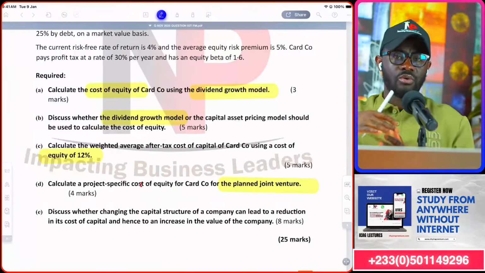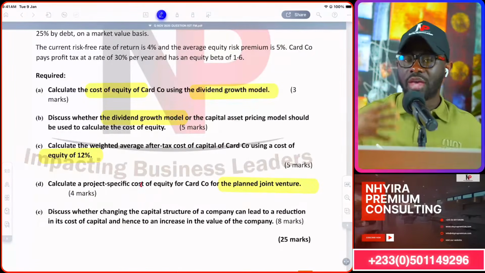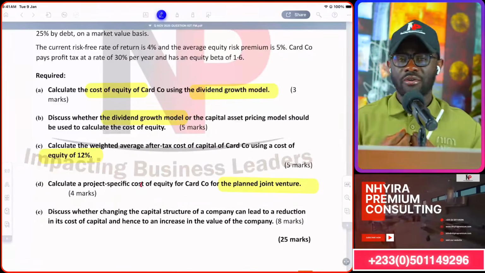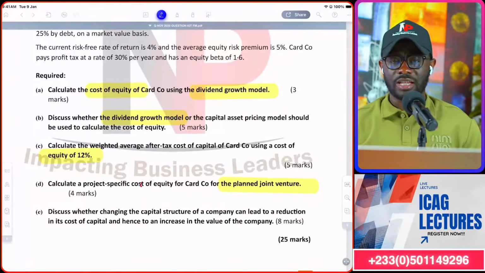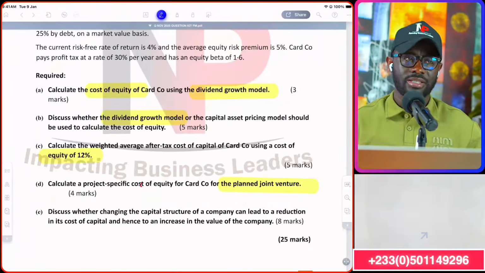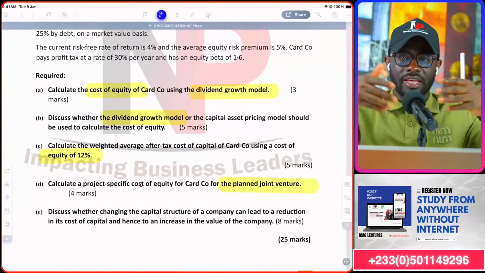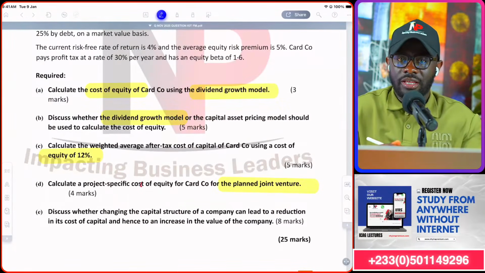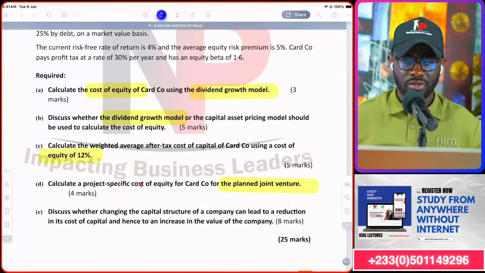But if the entity wants to invest for long-term sustainability and growth, then it may be interested in the capital asset pricing model, where we are taking into consideration the risks associated with the investment, and hence we are using the capital asset pricing model. But in that case also, sometimes it is difficult to reliably estimate the equity beta and then also determine the return on the entire market as well as the return on government bonds reliably to do the estimate. So that is the discussion that we can have there in that B aspect of the question.